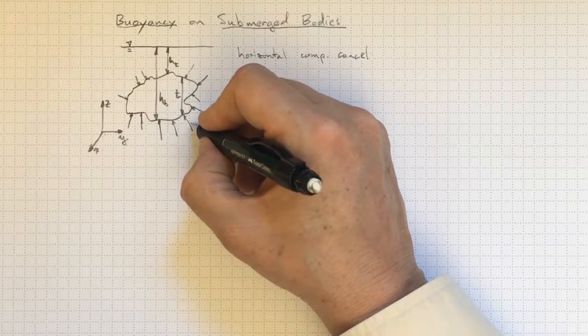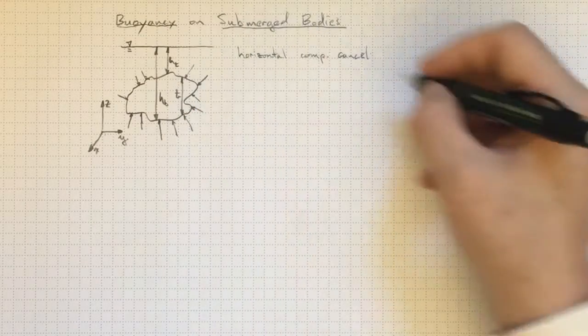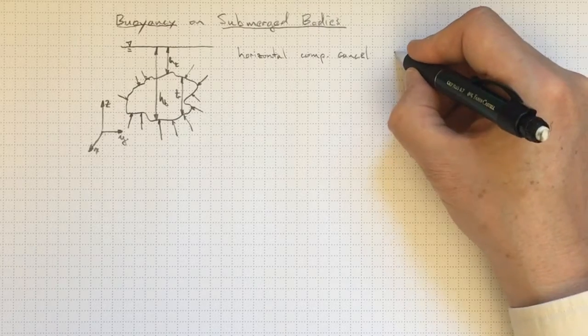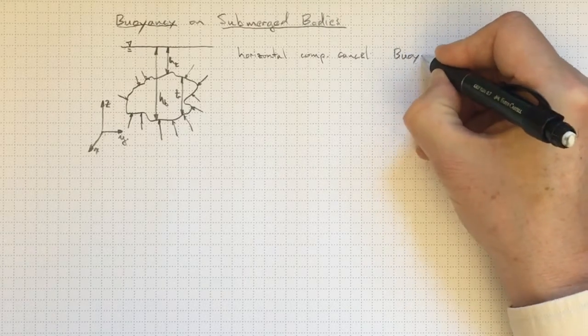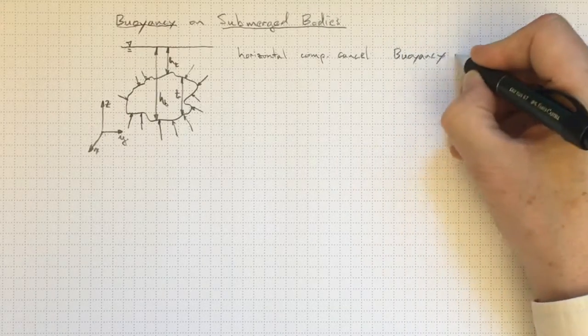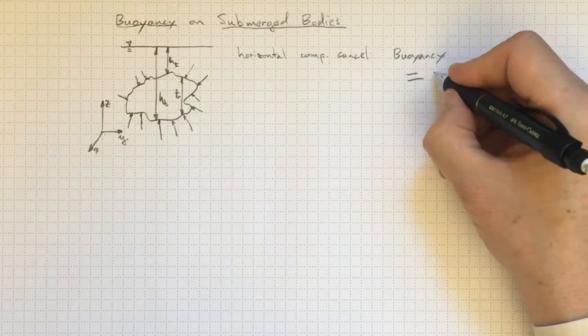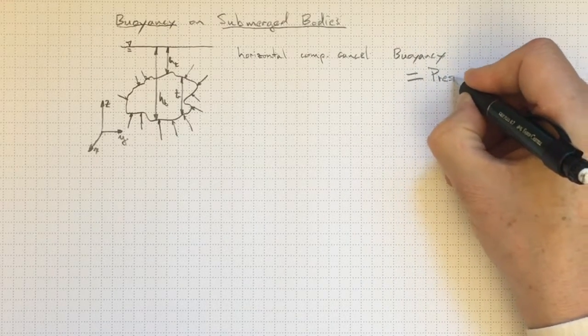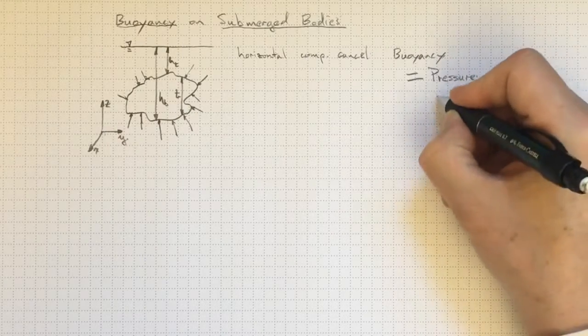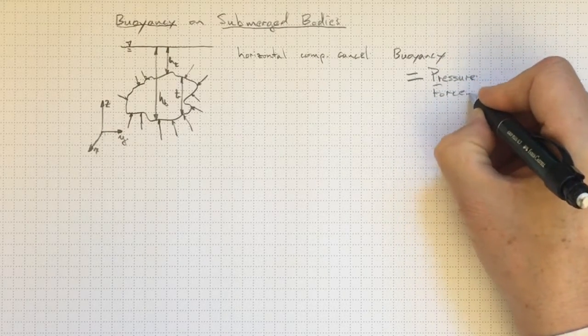So as a result, we'll have a net pressure force, and that pressure force is what we refer to as buoyancy. So buoyancy is not magic. It is just equal to the sum total effects of the pressure forces due to the varying pressure with elevation.